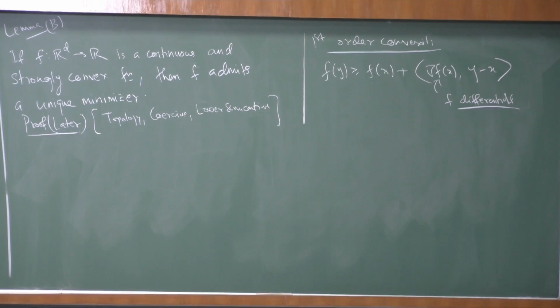And one of the ways to say why it admits a unique minimizer: graphically, how do I explain this? Let us say proof is a different thing, but strictly convex means it never becomes flat at any point.